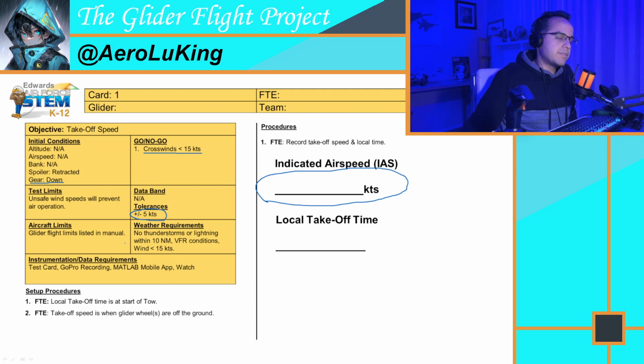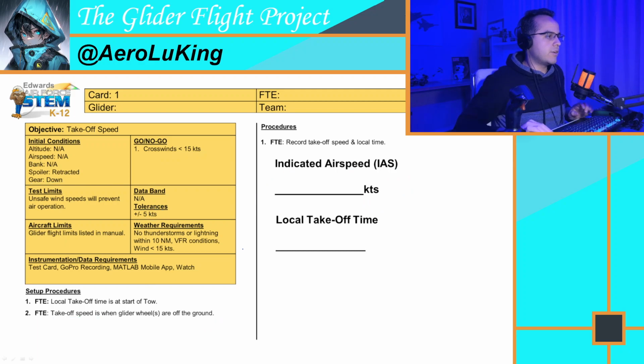And on the left side here, it's telling you, hey, takeoff speed means when the glider's wheel or wheels are completely off the ground. That will be a sense of yourself feeling that you're off the ground, because once you're in the glider, you probably can't see the wheel. And there's no indication or sensor letting you know the wheel's no longer touching. So that's how you're supposed to take that reading.